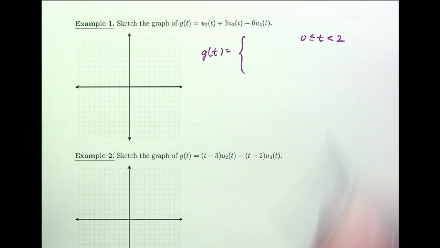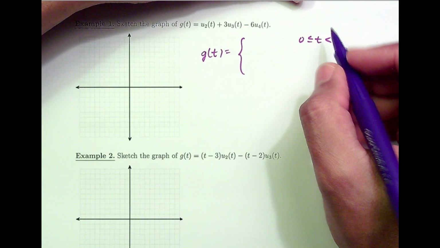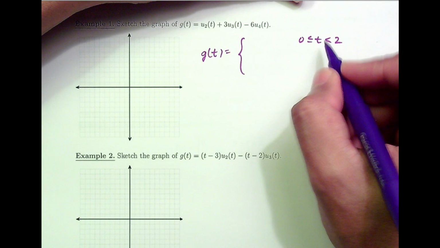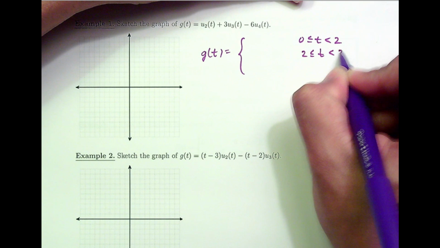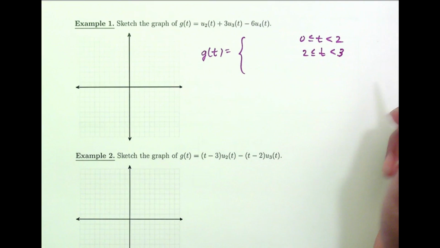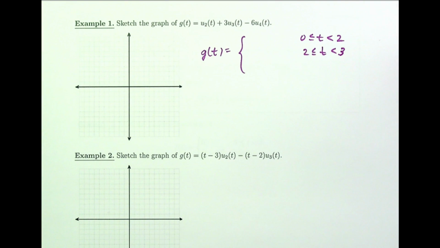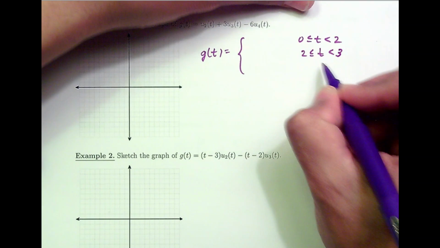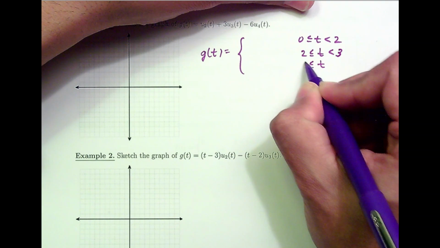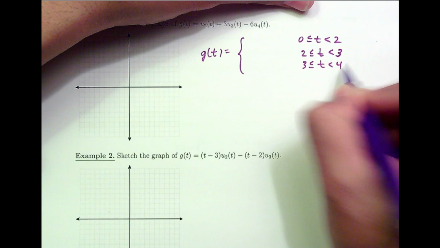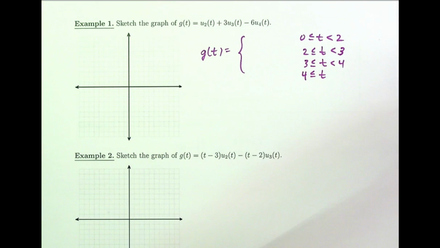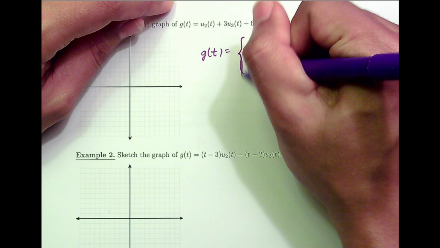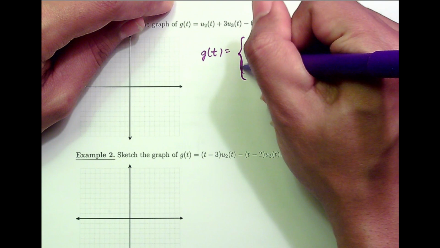Then something happens at the next time, which will be 3, so between 2 and 3. And then between 3 and 4. And lastly, after 4. So actually then the graph is broken up into 4 pieces.